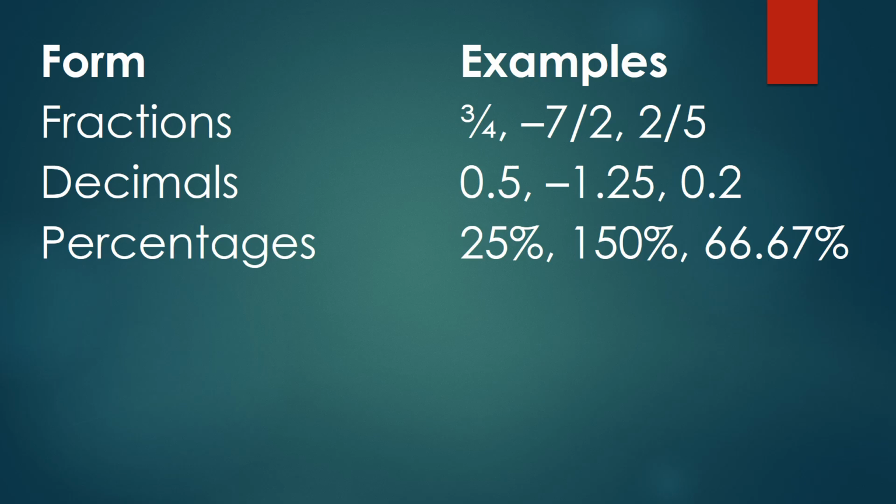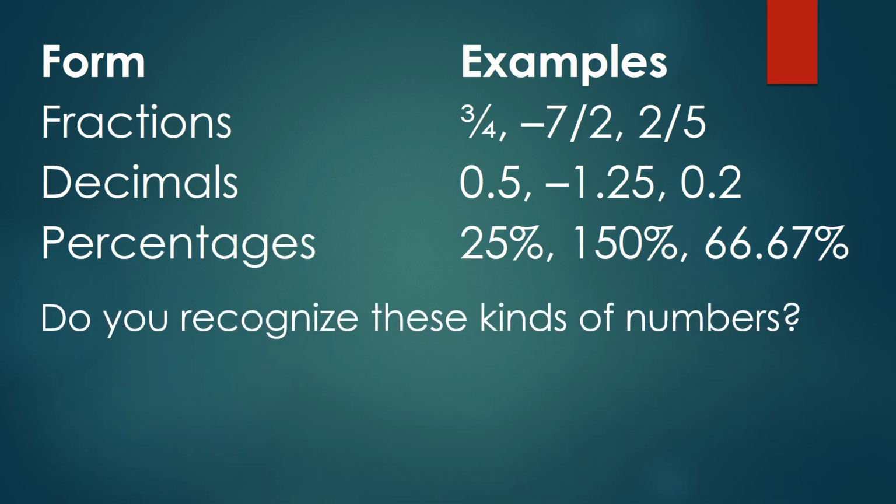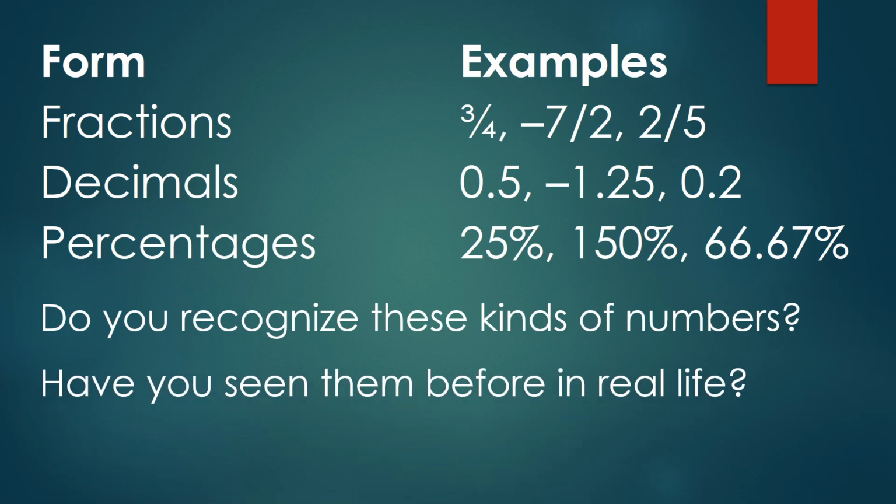For decimals naman, we have 0.5, negative 1.25, 0.2. For percentage, we have 20%, 150%, 66.67%. So, do you recognize this kinds of number? Yes. Have you seen them before in real life? Yes.